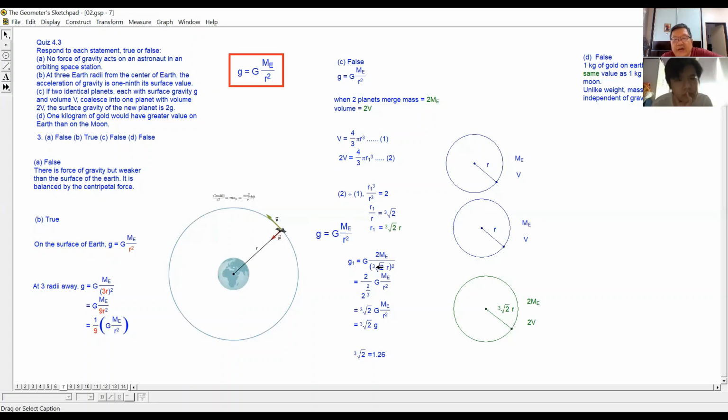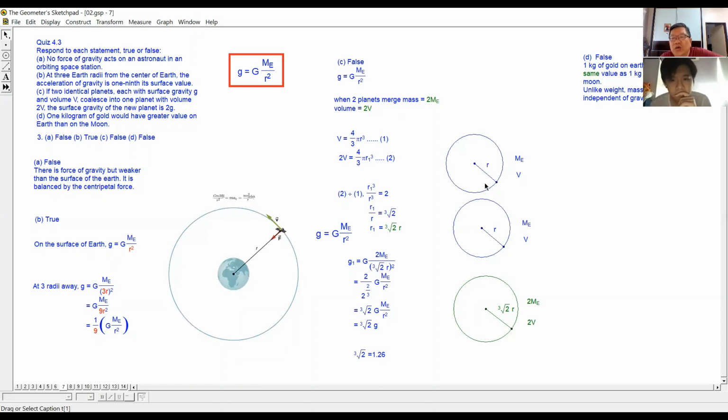The mass also you substitute with twice the mass. So finally, the constant in front is cube root of 2. So it is not 2 times. When two planets merge together, the gravitation is not 2 times, but only cube root of 2, so it's actually 1.26 times.